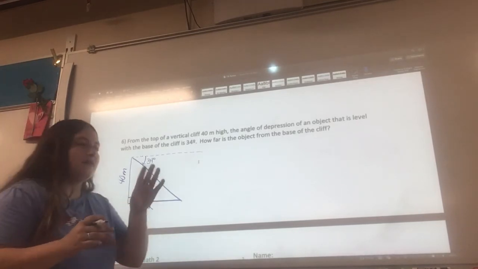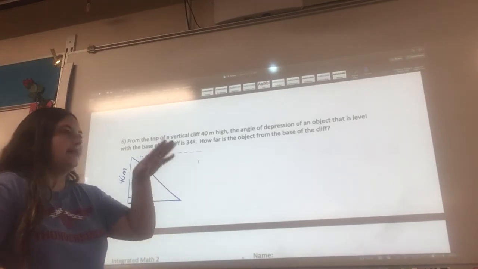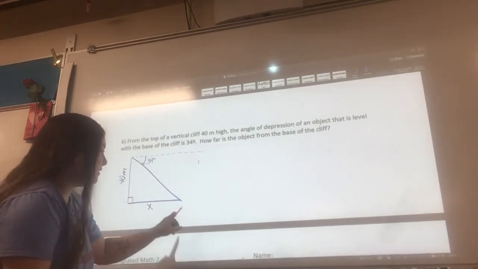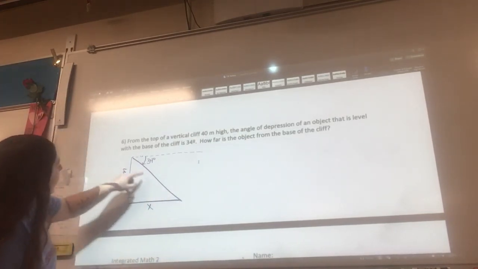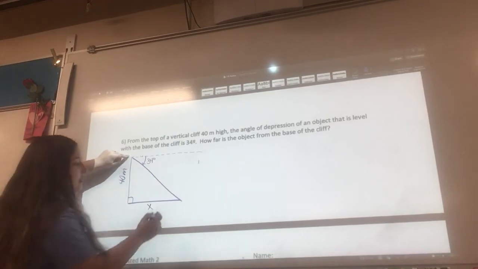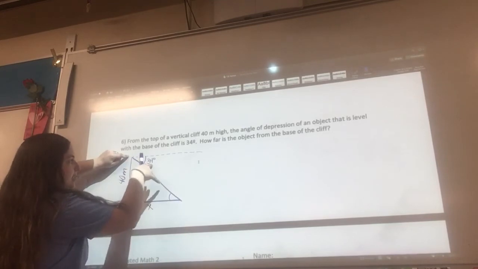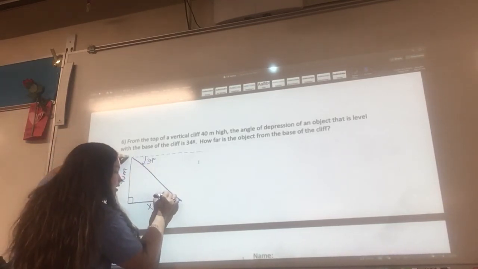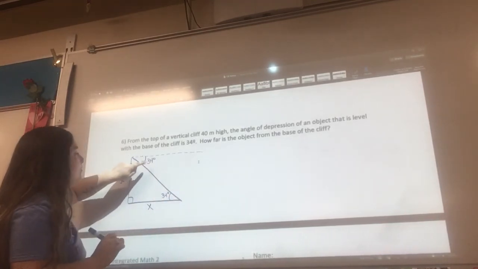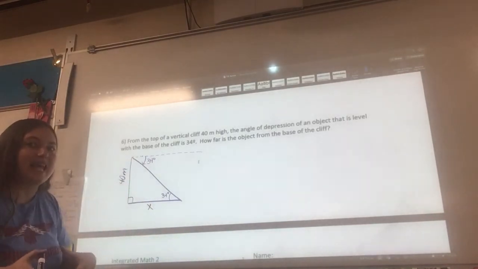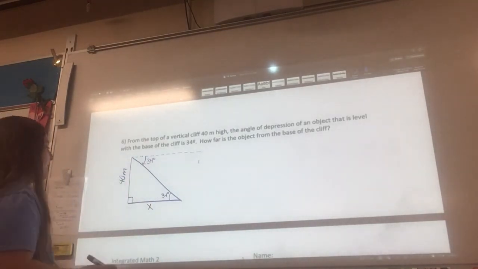All this says is, here to here. And we need to understand that if the object was looking at us, the angle of elevation is the exact same as our angle of depression. So angle of depression and angle of elevation are the same thing, okay?